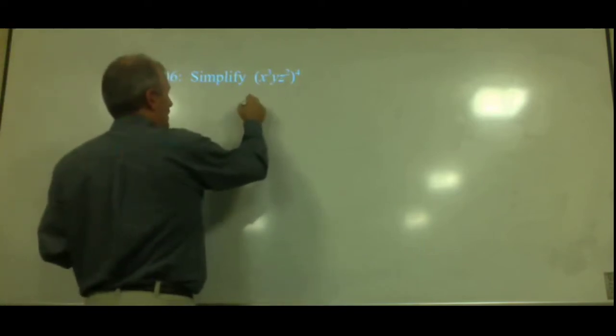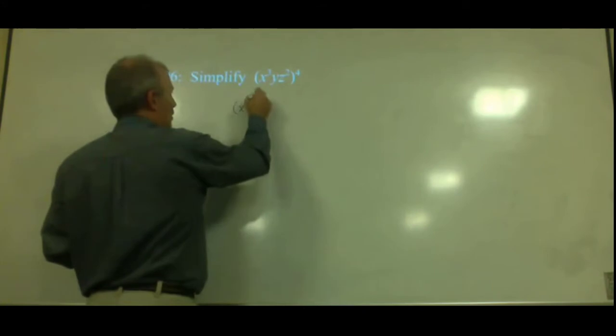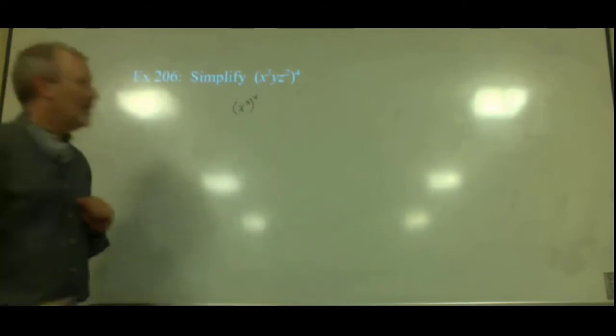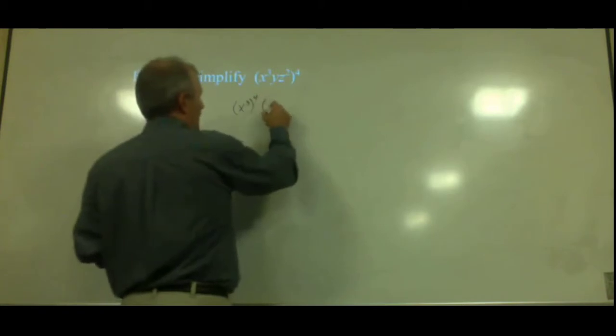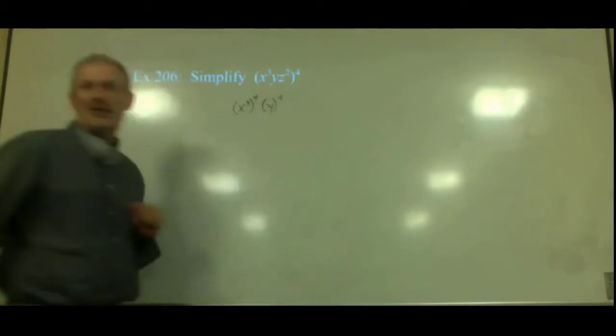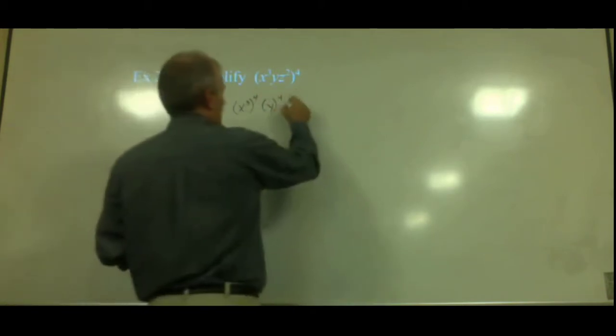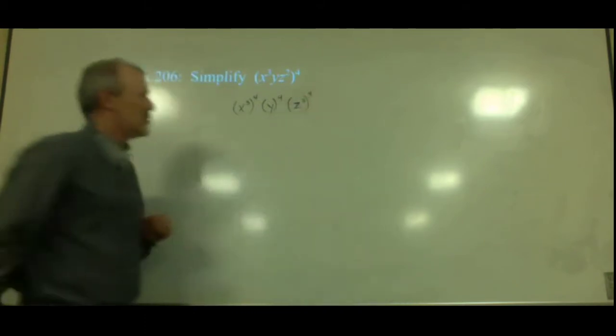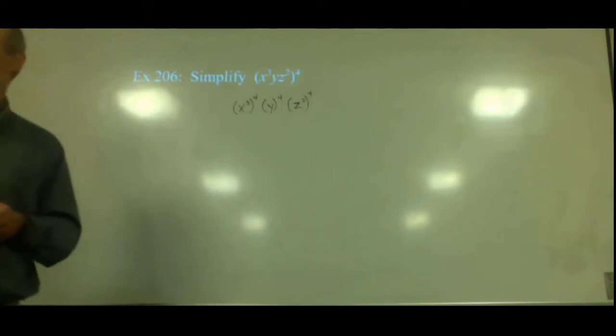X cubed, the 4 applies to the x cubed. Does that make sense? And then y, the 4 applies to the y. And it would change if it had a plus inside, right? Okay. And then the z squared, the 4 applies to that. Does that make sense that the 4 applies to everything inside of there?